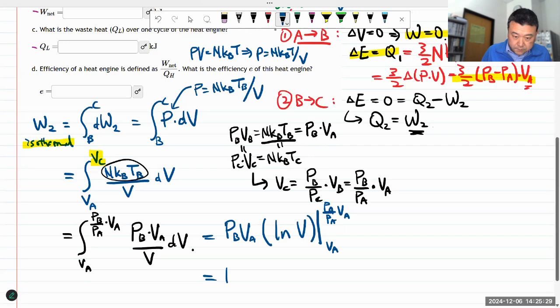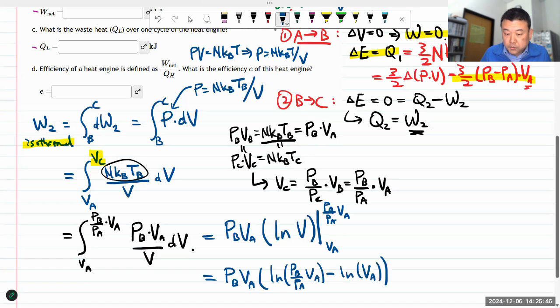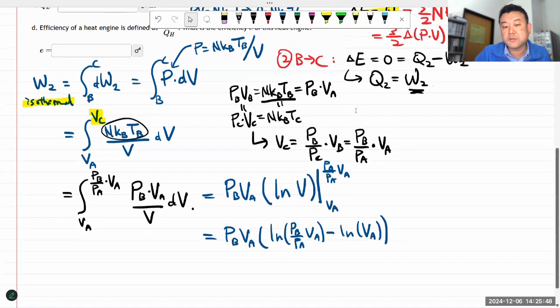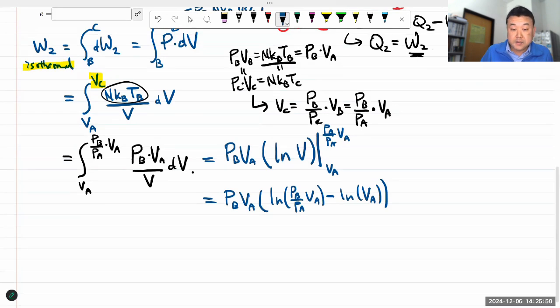All right, let's carry on. PB VA. So evaluating at these two limits, natural log of PB over PA times VA minus natural log of VA. And this is where knowing a little bit about logarithm algebra helps.